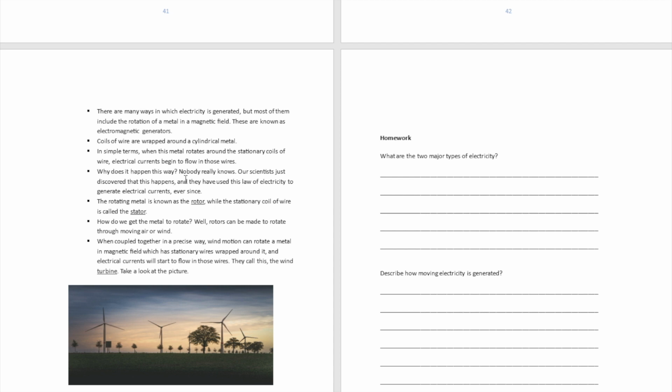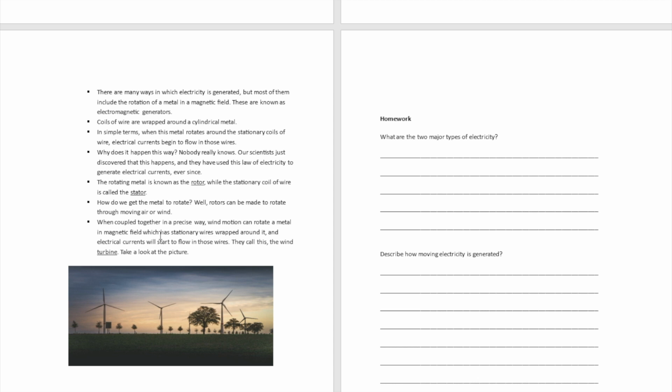Why does this happen? Well, we don't know. They just know that if you wrap wire around a coil and make that coil move around a magnetic field, electrical current will be seen in the wires. Well, that's the way God created them.